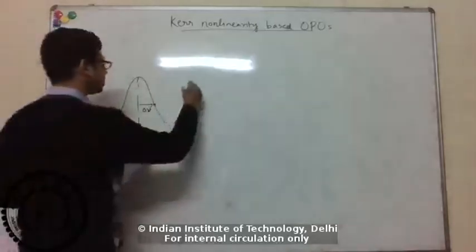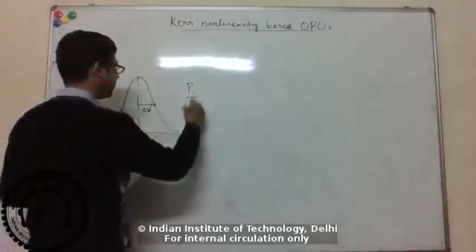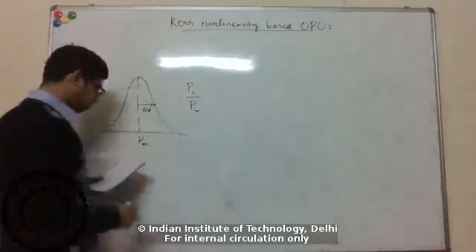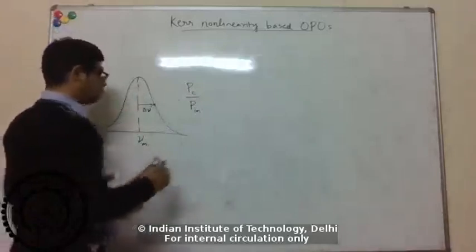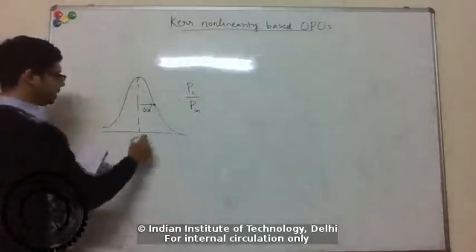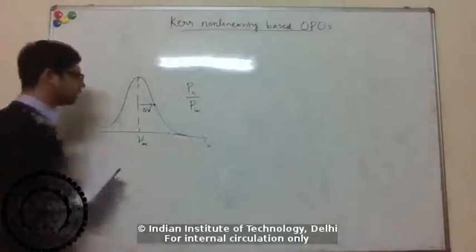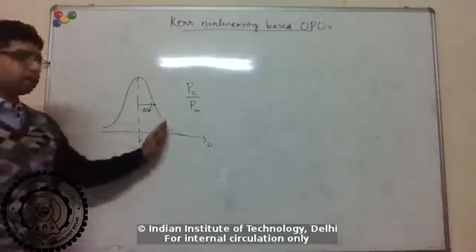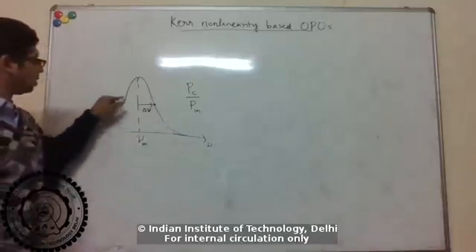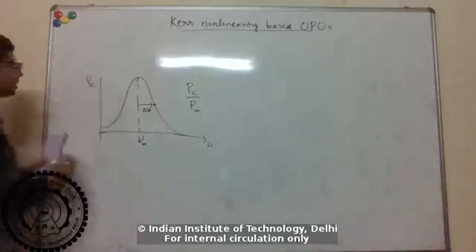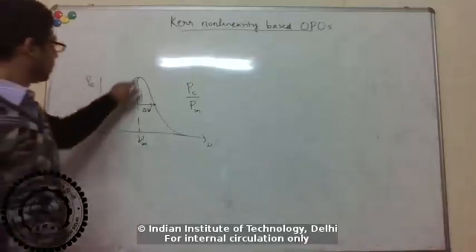Again, let's go back to this expression of the power in the cavity as a ratio of the input power. As I change the frequency, this x-axis is frequency, and on the y-axis I can plot the power in the cavity.